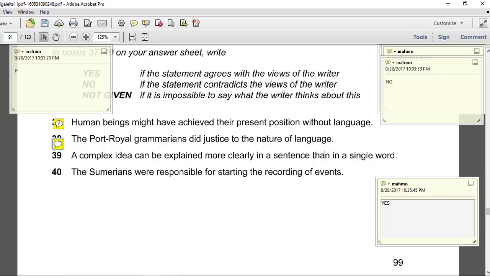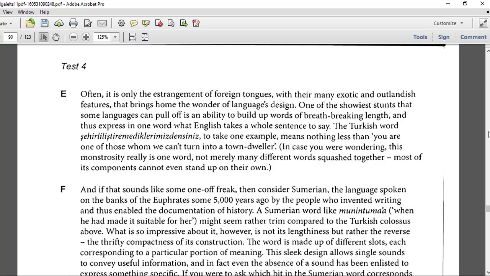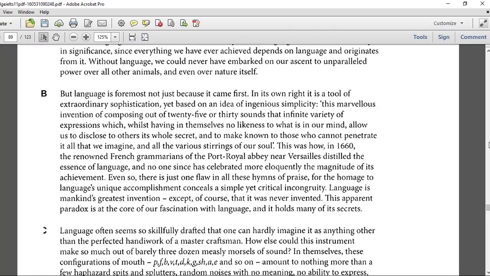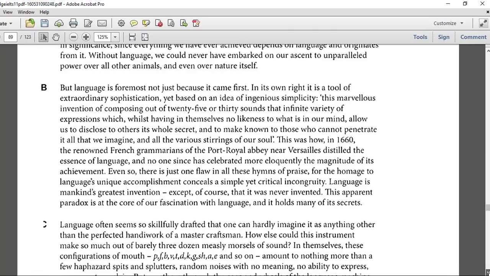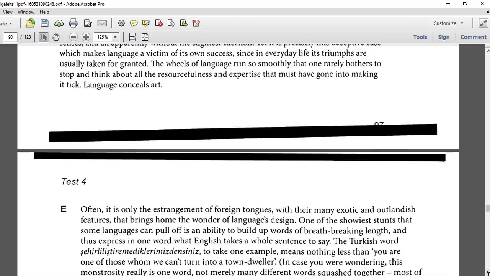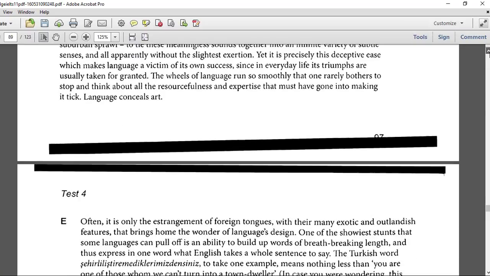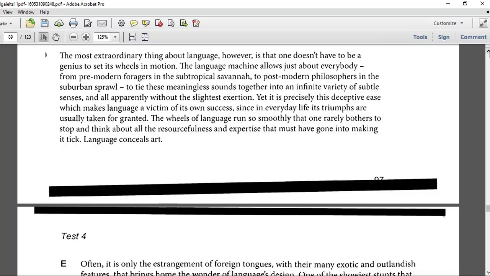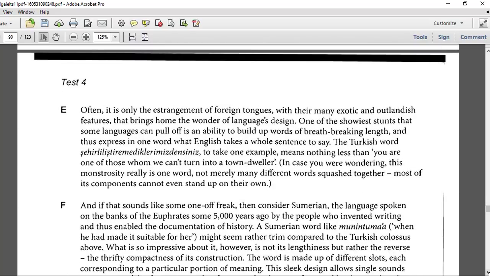Okay, a complex idea can be explained in a sentence. I don't know. Let's get back to the passage and see. Paragraph C. No. Paragraph D. No. Paragraph E. A single word or a sentence to express complex ideas.